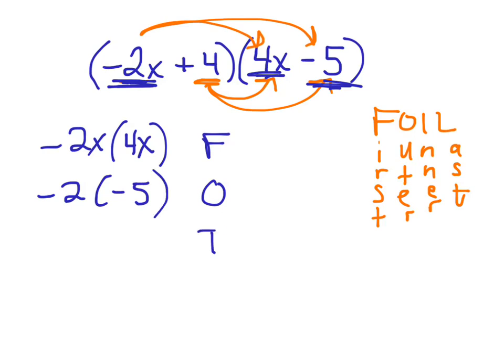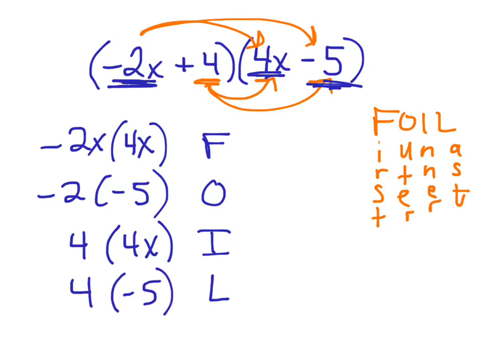Then inner, the 2 terms on the inside would be the 4 and the 4x. And L is for last, so the terms which are last in each parentheses would be the 4 and the negative 5. This is just a quick, easy way of remembering your 4 multiplications, and you can follow along the orange arrows and see that each of those 4 problems is represented in FOIL.